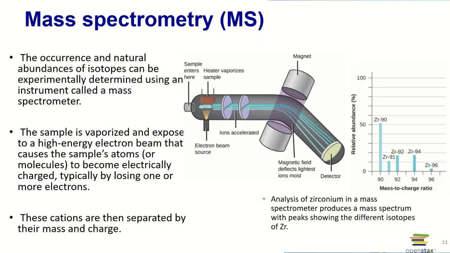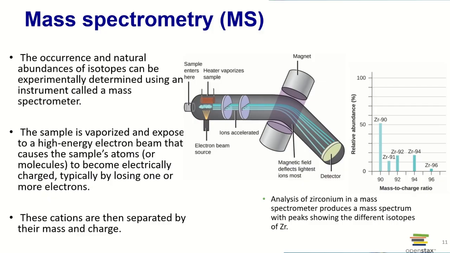And we use special equipment, the mass spectrometer, to find out the abundance and the elements that we have. So the current and natural abundance of isotopes can be experimentally determined using an instrument called a mass spectrometer. So we have the entry of the sample here.